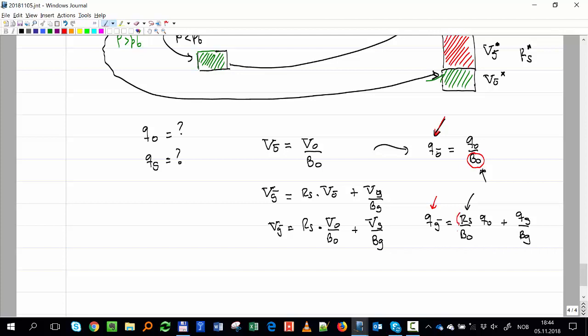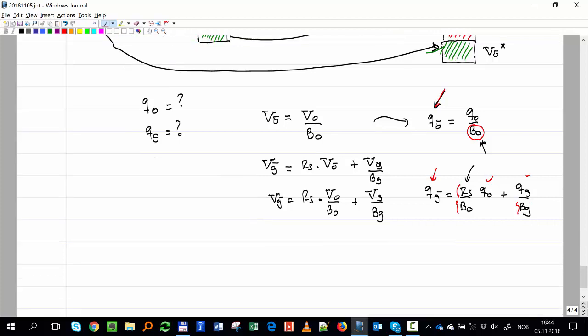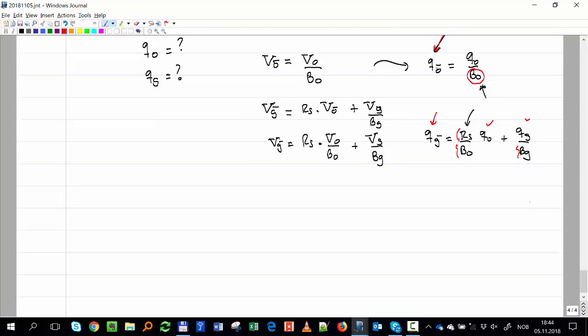I have to compute a few things: RS, BO, and BG. But then I can calculate the QO and QG. So how do I calculate QO and QG?